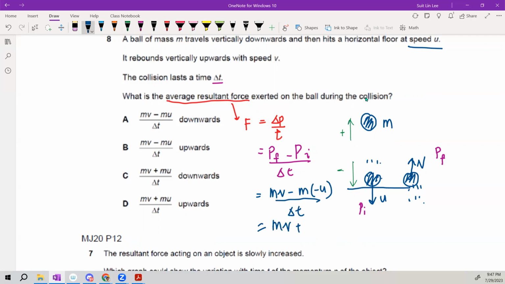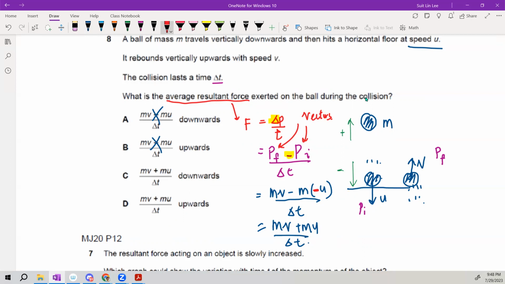So I have mv plus mu over delta t. So the minus 1 is wrong. Change of momentum, although here we minus, you also need to remember that momentum are vectors. So whenever we swap direction, the negative should also come together. Drawing a diagram will help remind you whether and if to put a negative.